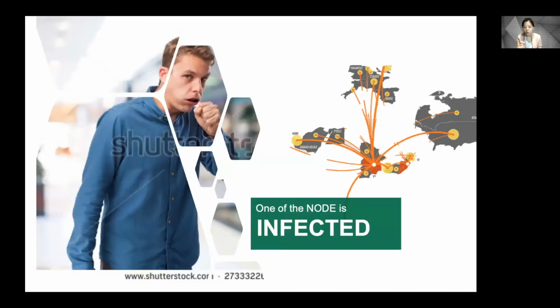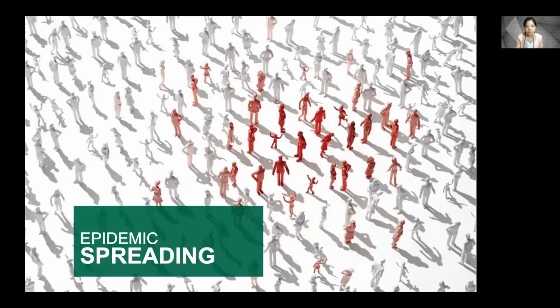If one node is infected, the other nodes that are connected to it might also be infected based on the strength of their linkages and connections. Again, if one hub is infected, it eventually leads to epidemic spreading of diseases, since we saw in our previous illustration that most of the hubs, for example, countries, are really interconnected by flights.